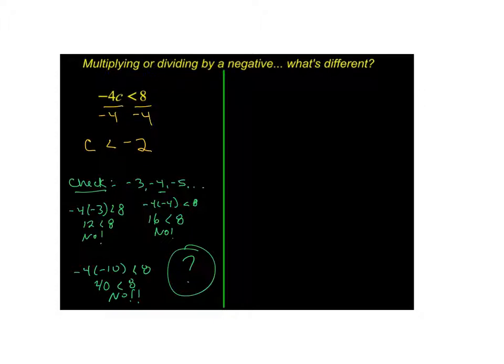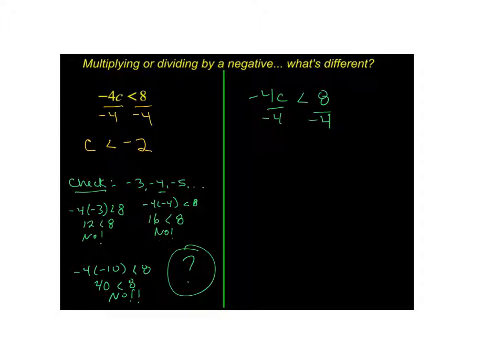Let's see if we can find some number that will check. I'm going to go back to the beginning and start this all over. Negative 4c is less than 8. I'm going to divide by negative 4 on both sides.